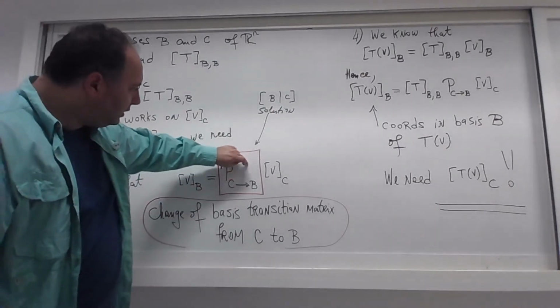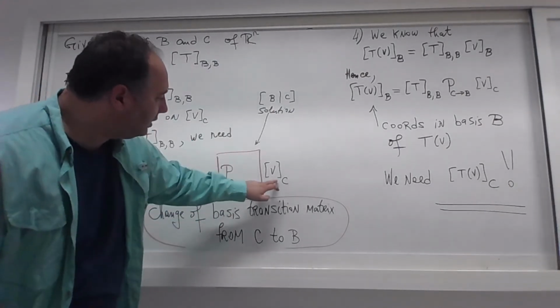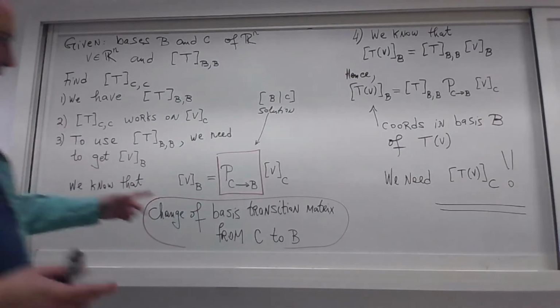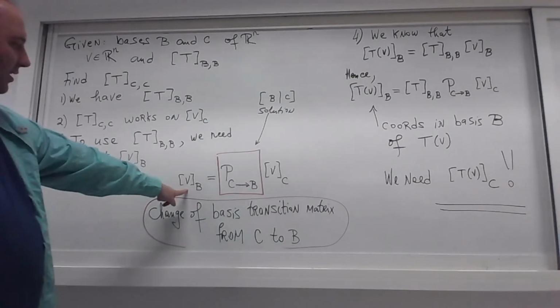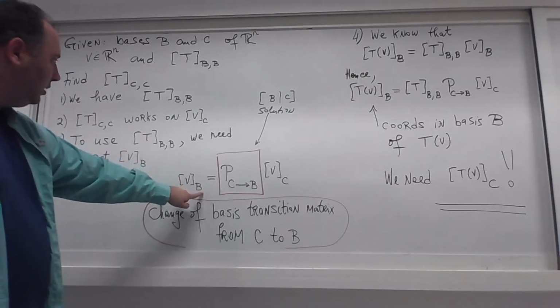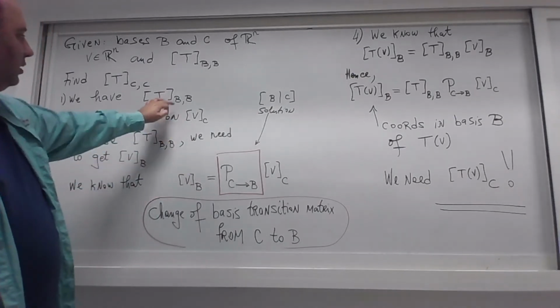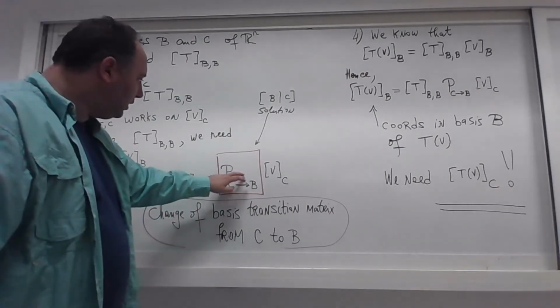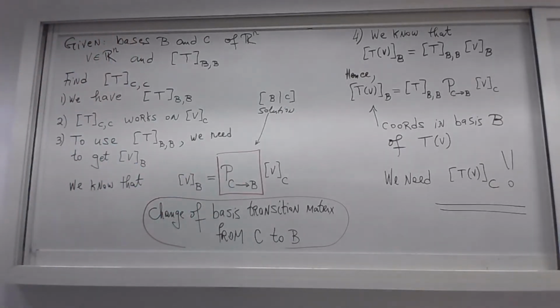So we use this transition matrix, multiply by the coordinates of vector V in basis C, and what we get are the coordinates of the vector in basis B. Yay! So now we can multiply with the representation matrix relative to basis B. So that's a trick. We use the transition matrix, change of basis from basis C to basis B.